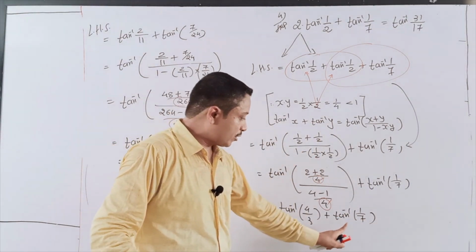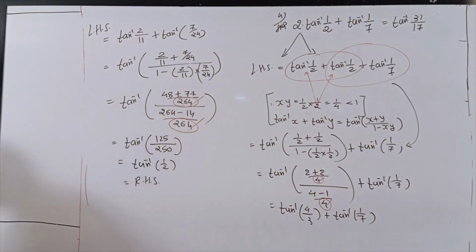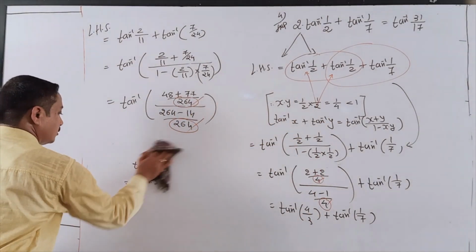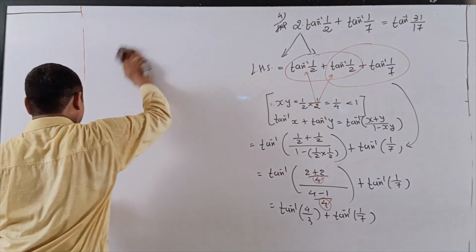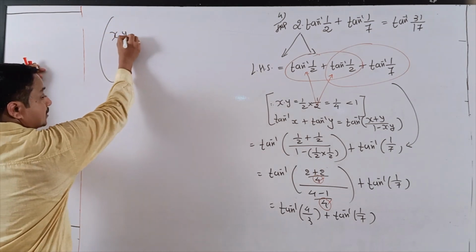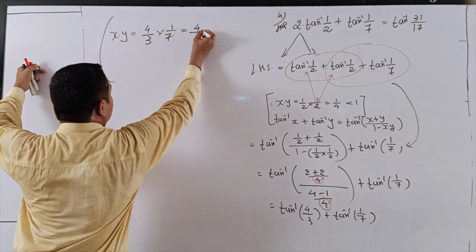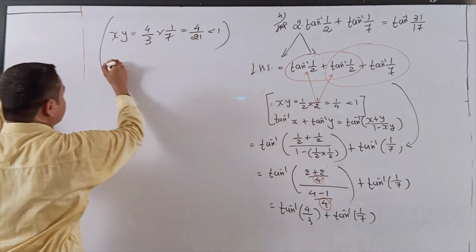Now look at that, these two properties are again utilized in this solution, students. So one more time, I just show out my condition level. So what is your x again and y? Which is 4/3 into 1/7. So 4/21, which is less than 1.